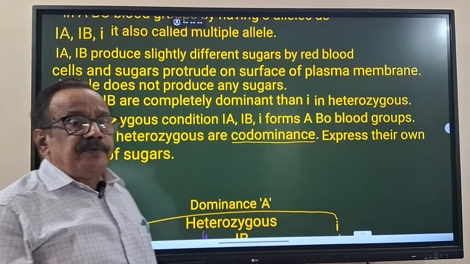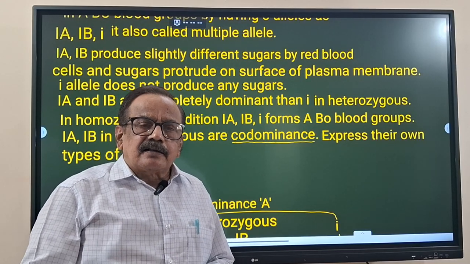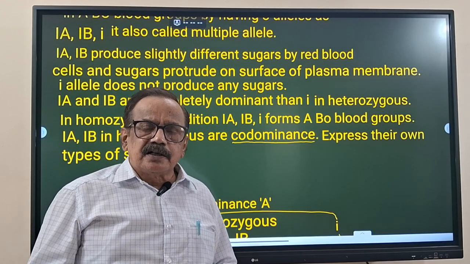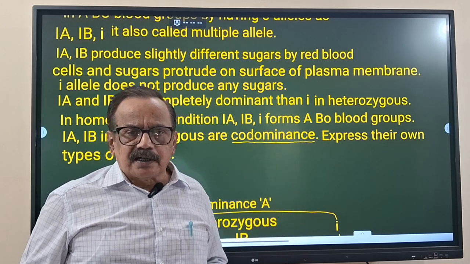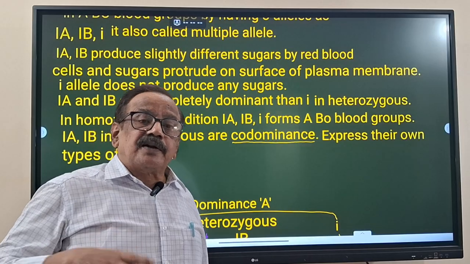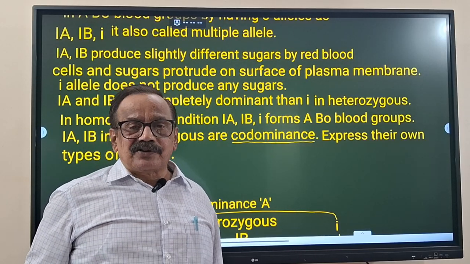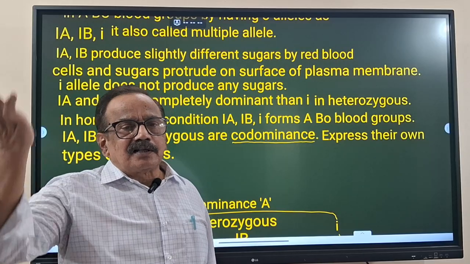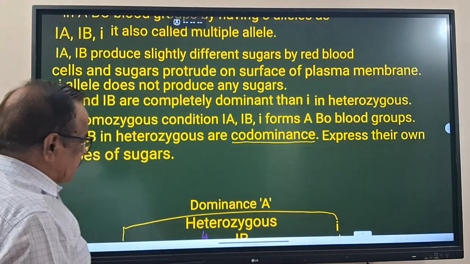So if both A and B are present in the alleles, codominance means A will produce its type of sugar on the blood cells, and B will produce its type of sugar. So both will be present. For that only, we say AB is the universal acceptor, and the universal donor is O. A zoology person can discuss all these things.